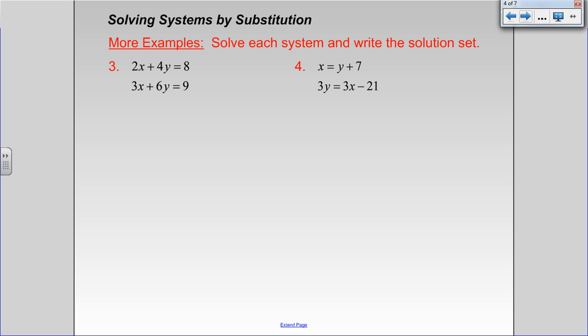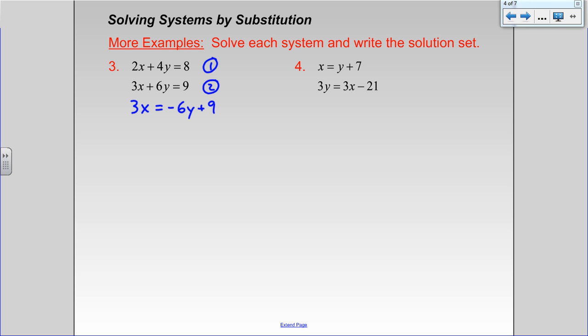In example number 3, equation 1 says 2x plus 4y equals 8, and equation 2 says 3x plus 6y equals 9. We need to isolate one of the variables in one of the equations. In this case, we will isolate x in equation 2. First, subtract 6y on both sides.